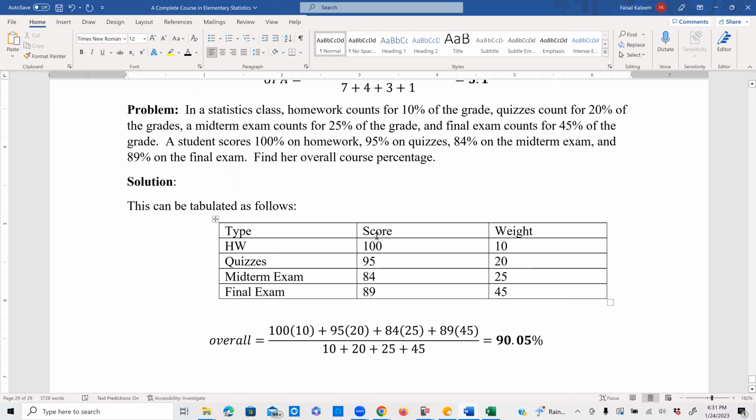So once again, we will list what the student scored in the first column. So 100 in the homework, 95 in the quizzes, 84 in the midterm, and 89 in the final. And the weights will be in the second column, and that's what each counts for. So the homework counts for 10%, quizzes for 20%, midterm 25, and final for 45.